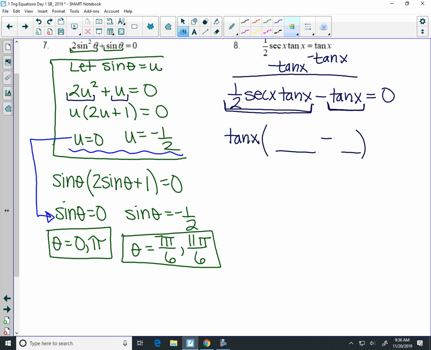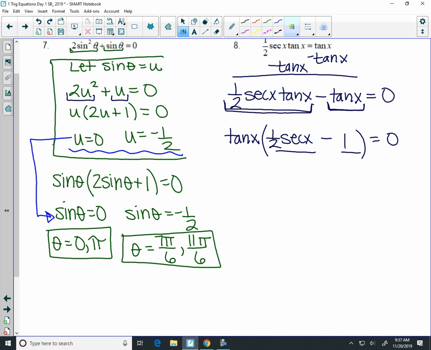That's just like 1/2 times x times y. So when I take out a tangent, my first and my next GCF step here, when I factor out that tangent, I'm left with 1/2 secant of x. And when I factor out the tangent from the tangent, I'm left with a 1. And that 1 is really important. So you got to make sure you've got it there.